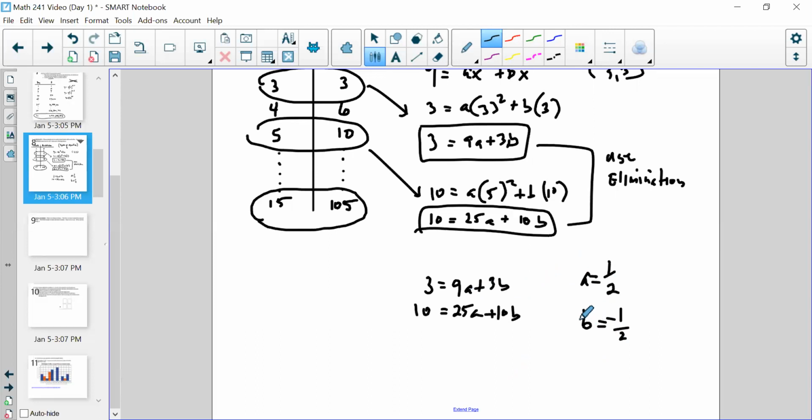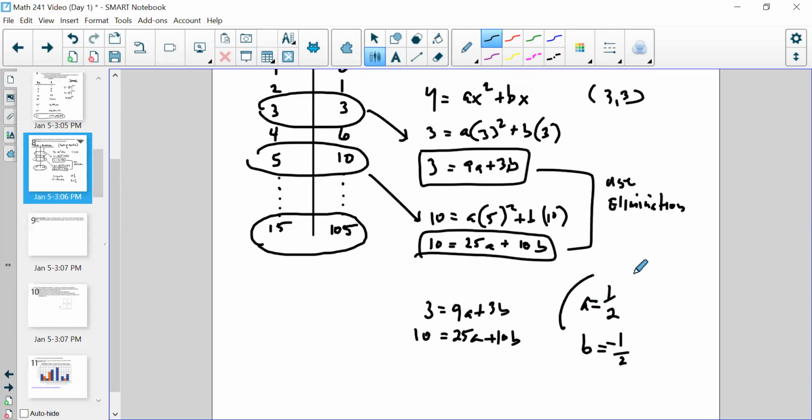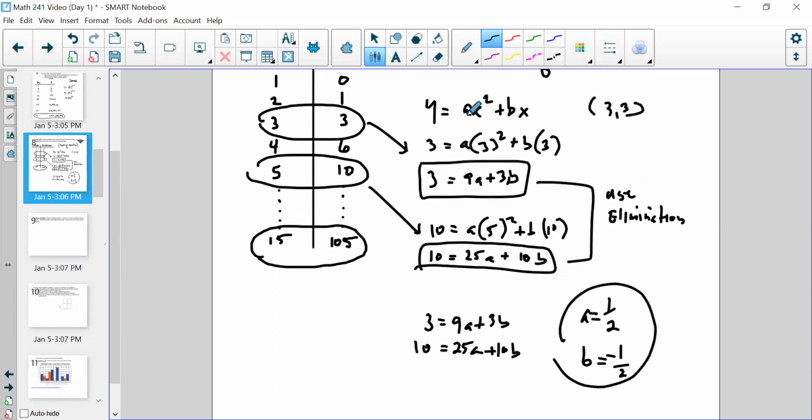So I'm not going to go into all the detail on that, but it would solve this equation for a and solve it for b. And so once I find what that equals, I'm just substituting back here. So what I would have is y equals 1/2 x squared plus a negative 1/2 x.